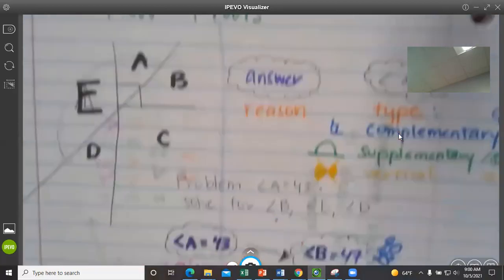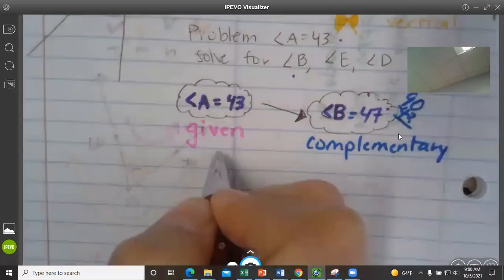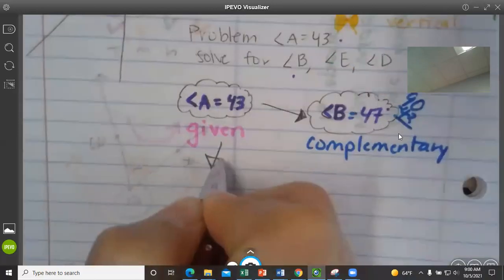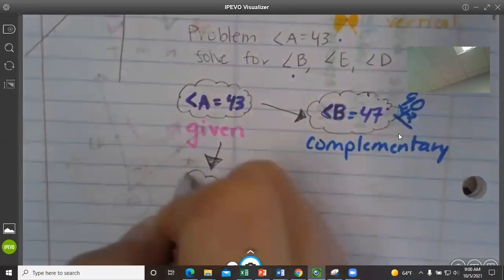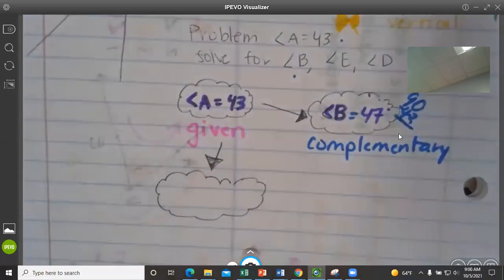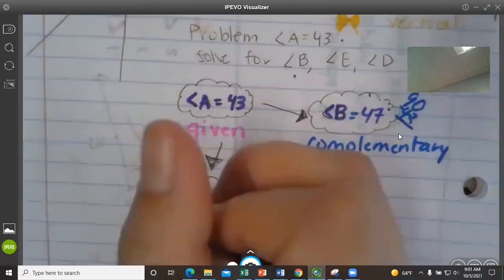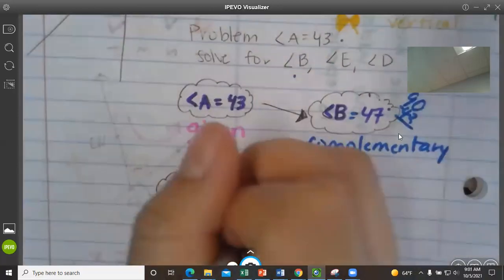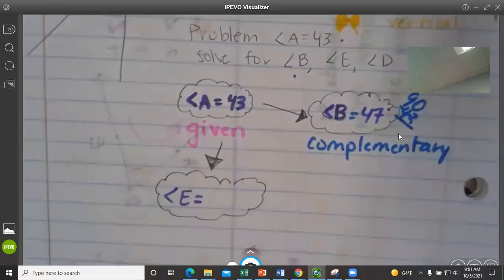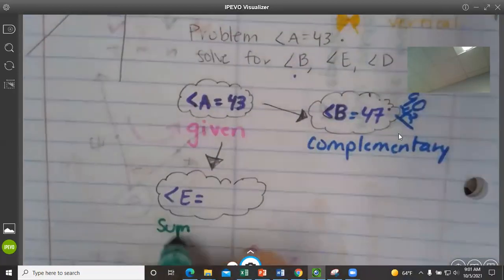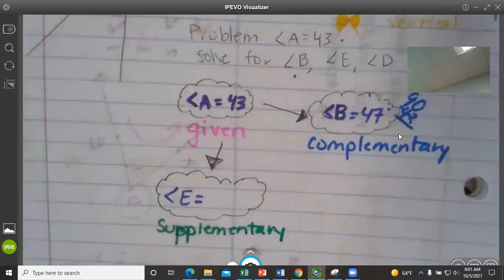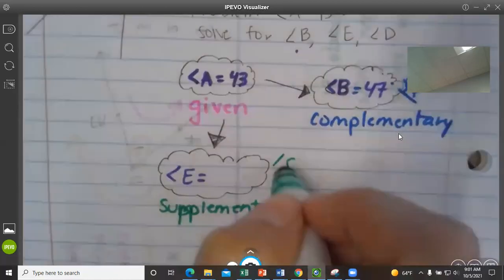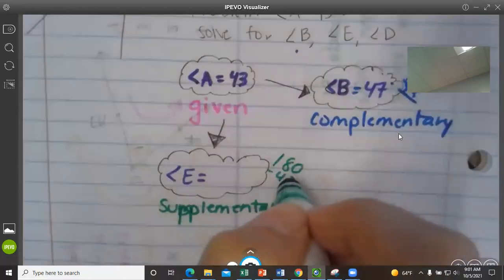Yeah, supplementary. So we're talking about A still, so I draw an arrow from A. I make a new cloud here. They said it was supplementary, so that's what I write underneath it. So for supplementary, it's going to be 180 minus 43.